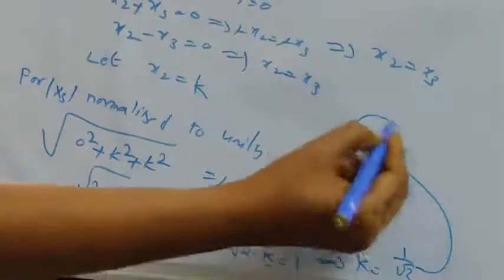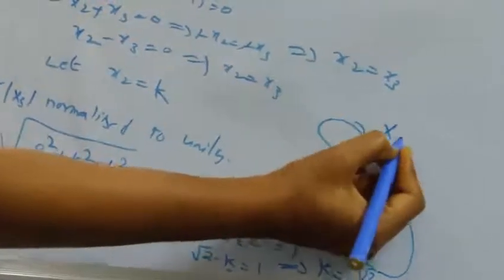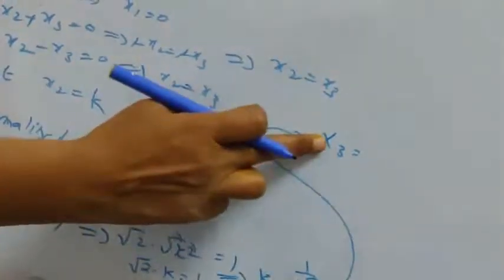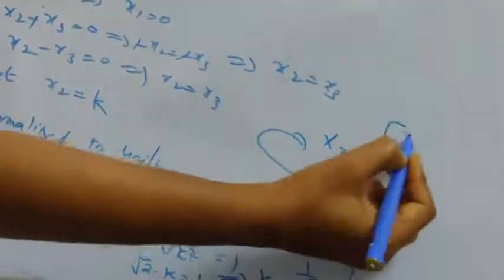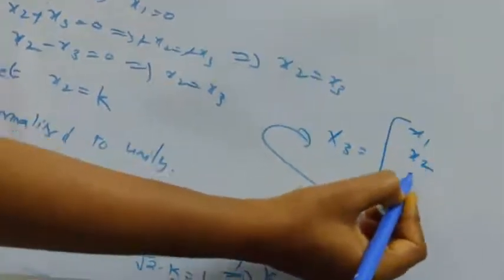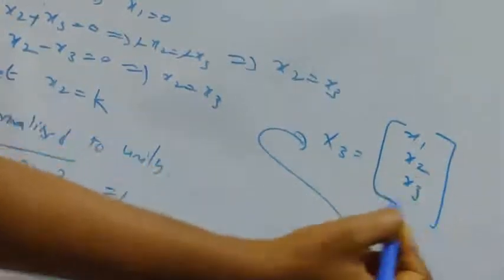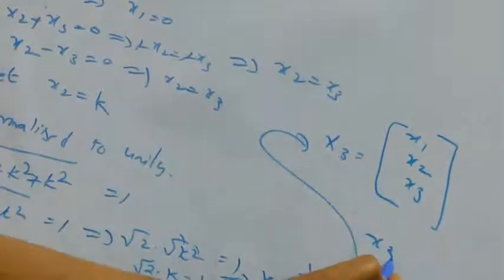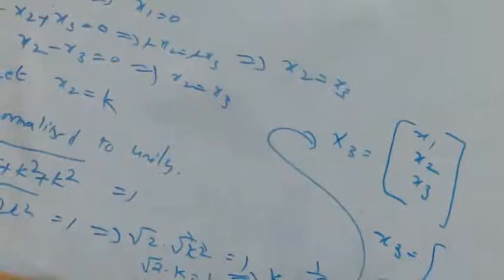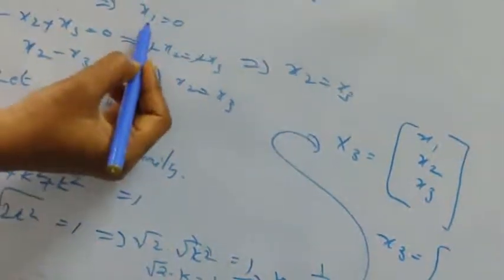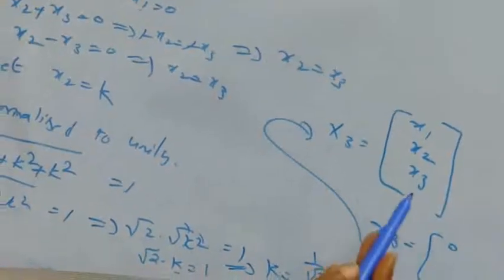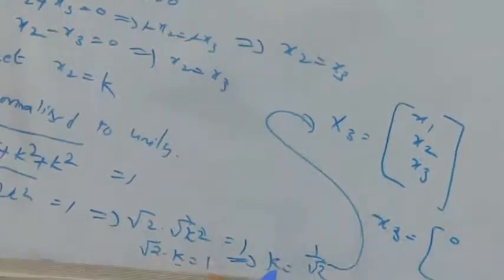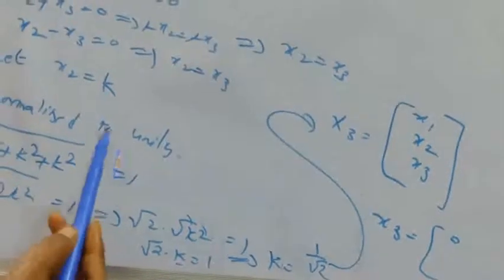So therefore, in the third case, that is finding the eigenvector, how can you represent X3? X1, X2, X3. Already we know the value of X1, which is 0. Both X2 and X3 values are same. What is X2 value we have considered? k.